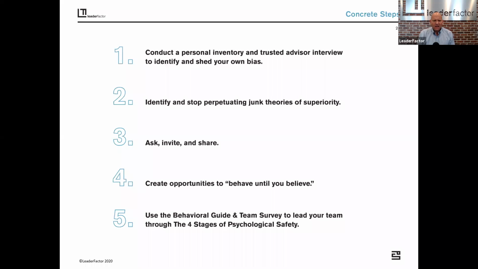Number two, identify and stop perpetuating junk theories of superiority. Do an institutional review to try to locate where you have institutional bias or you're perpetuating junk theories of superiority, right? Because what we're trying to do is neutralize the impact of rank.